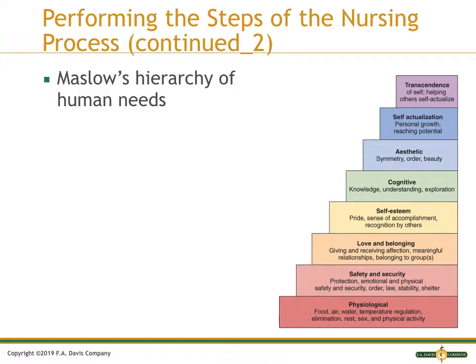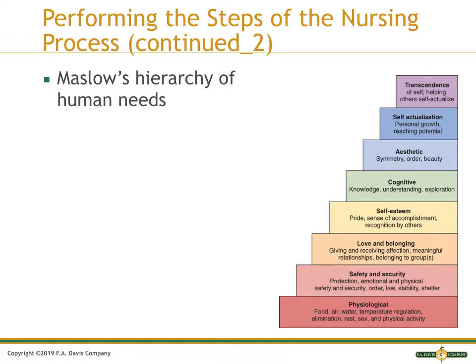Third is the need for love and belonging, so meaningful relationships. Fourth is self-esteem and feelings of self-worth. So that's going to be your pride, sense of accomplishment, and recognition by others. Fifth is the cognitive needs for learning and exploring. So that's going to include knowledge, understanding, and exploration.